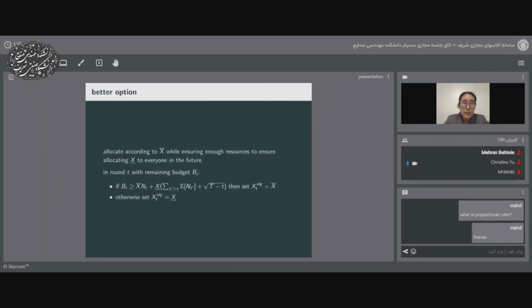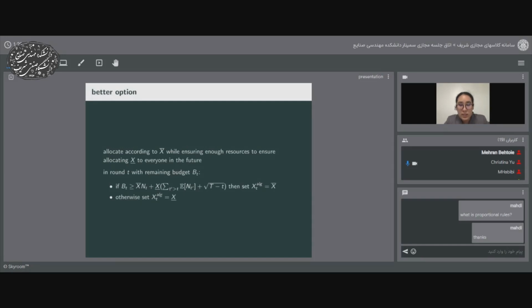So you can state it exactly here: in round t with remaining budget B_t, if your budget is enough to allocate the more aggressive threshold x upper bar to everyone at this time and save enough to allocate x lower bar to a conservative estimate of the demand on everyone in the future. This conservative demand is, again, an upper confidence bound on the demand.